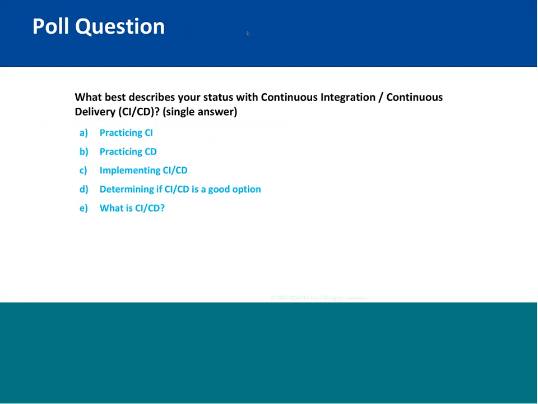Are you practicing CI/CD, practicing CD, continuous delivery, actually implementing it, deciding if it is a good option, or wondering what the heck is CI/CD. We've got 30 seconds to answer the question. Go ahead and punch in your answer now, and we'll see where people are. Four seconds, and the poll is over.